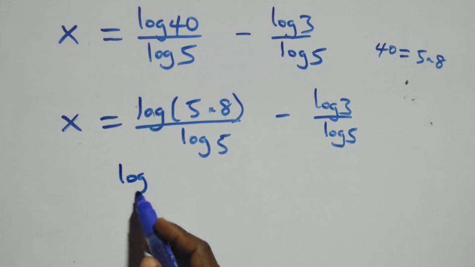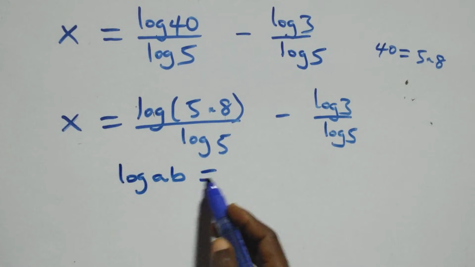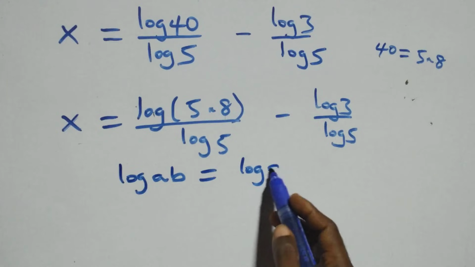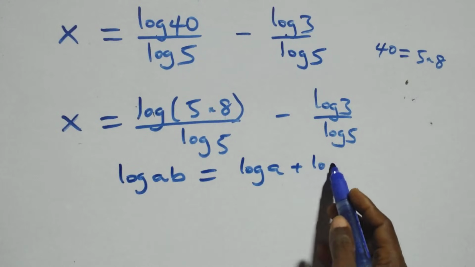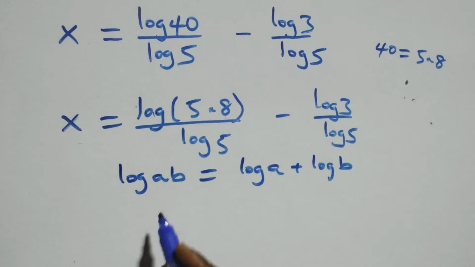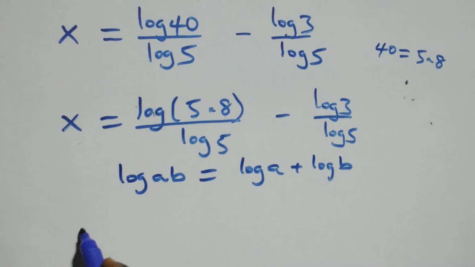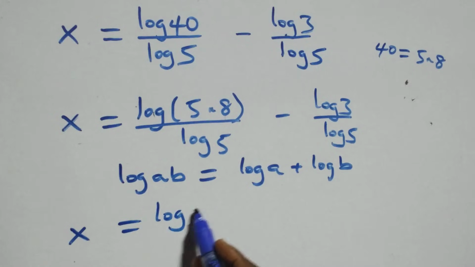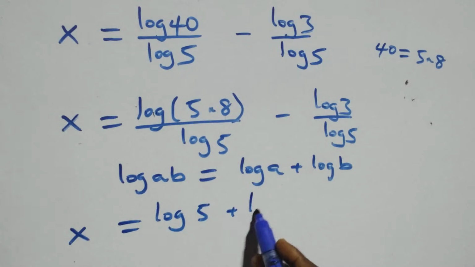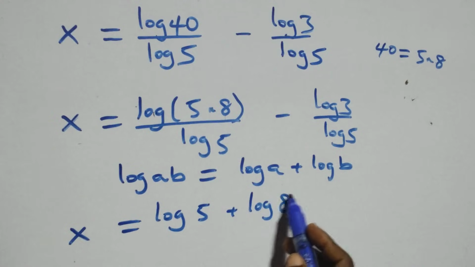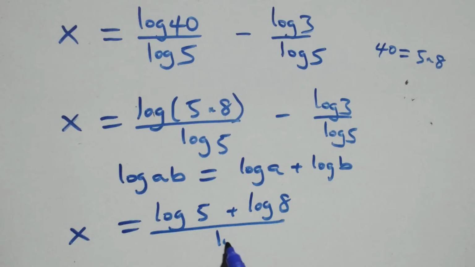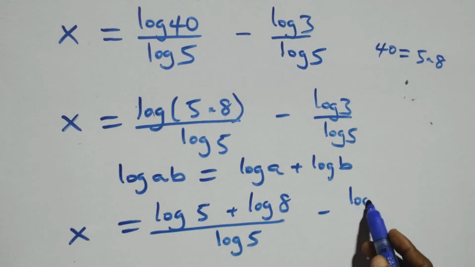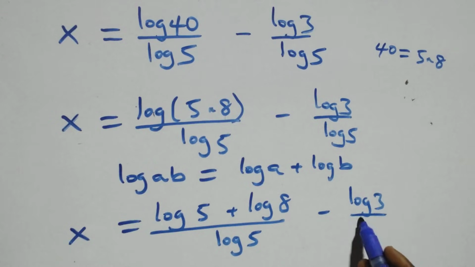When we have log a times b, it is the same thing as log a plus log b. So this here we have x equals to log 5 plus log 8 over log 5 minus log 3 over log 5.